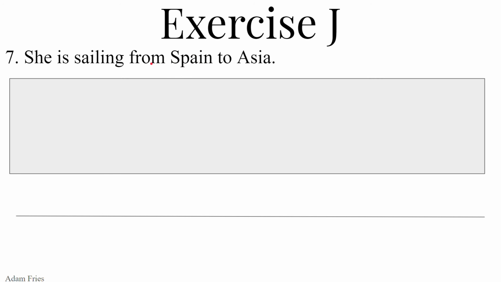We put that B on ab because the H in classical Latin is almost silent. Hispania, it's very slight. And then we're going to Asia, motion towards. To, that's going to be the preposition ad plus the accusative, motion towards, of Asia, feminine, so that's Asiam. So ab Hispania, ad Asiam, navigat. Ab Hispania, ad Asiam, navigat.